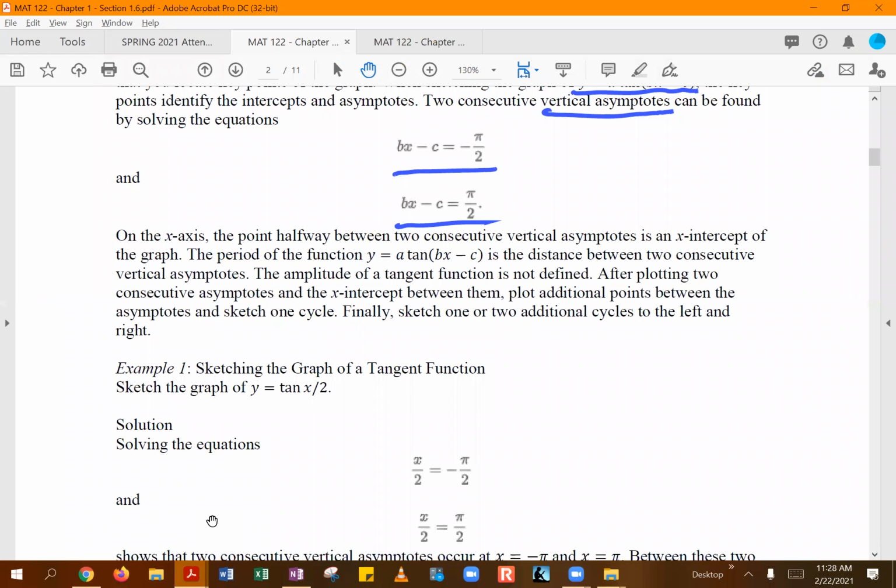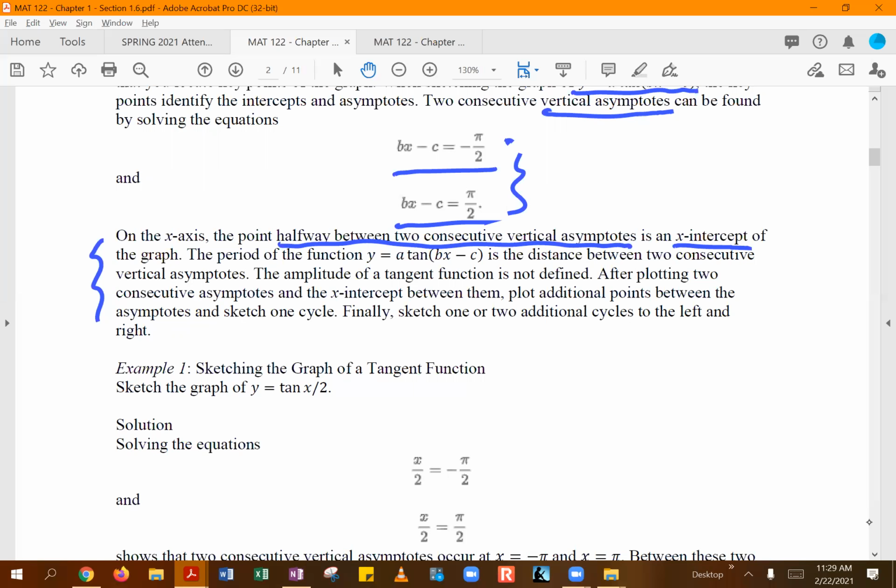Hopefully you've seen this in the video lecture, but if you look through this paragraph over here, they're telling you that halfway between 2 consecutive vertical asymptotes, you will find your x-intercept. So right between these 2 values, we are going to find our x-intercept.